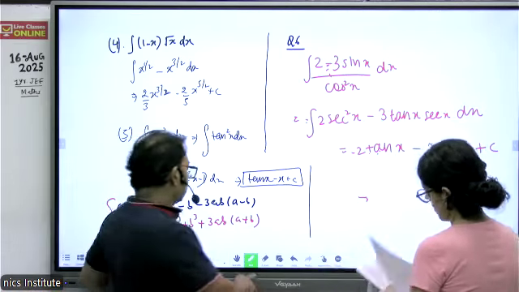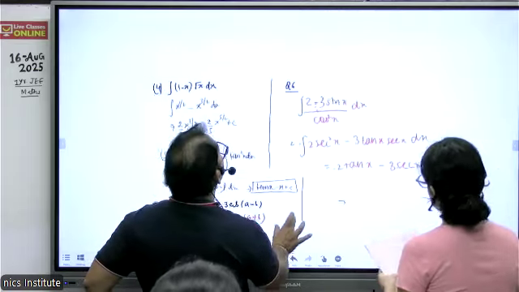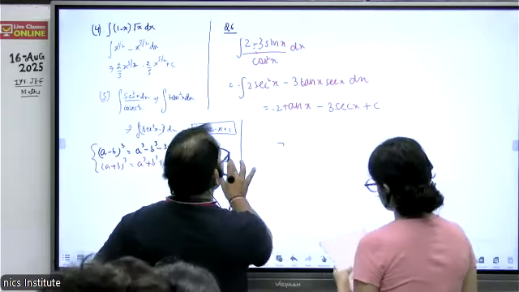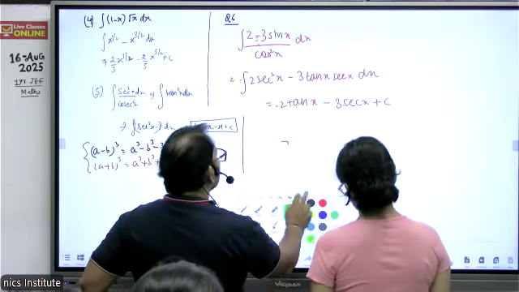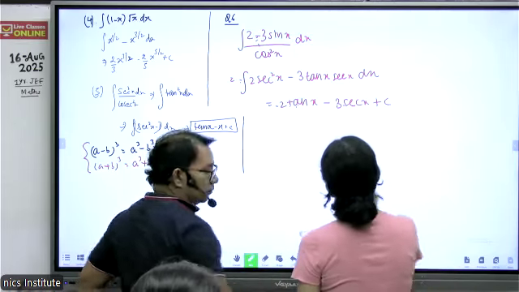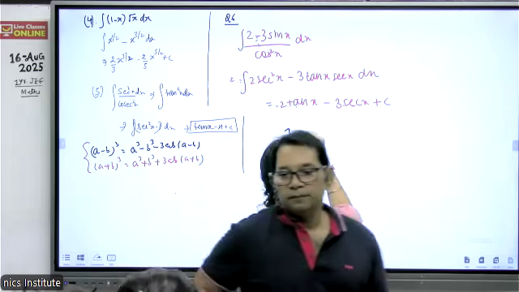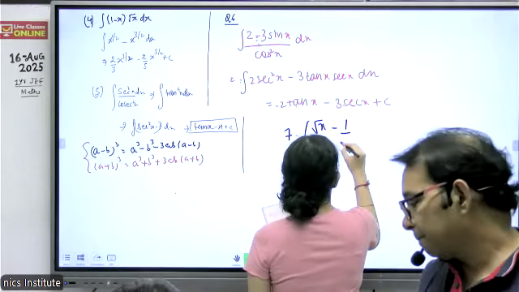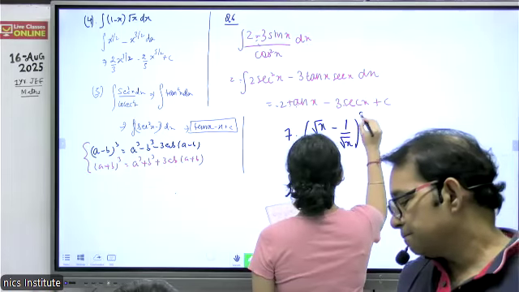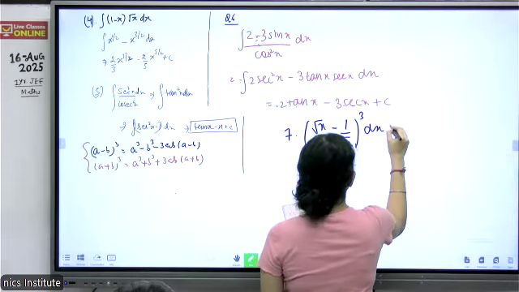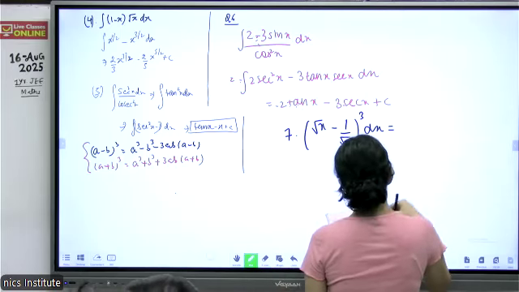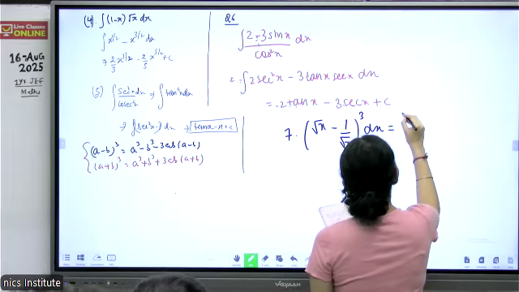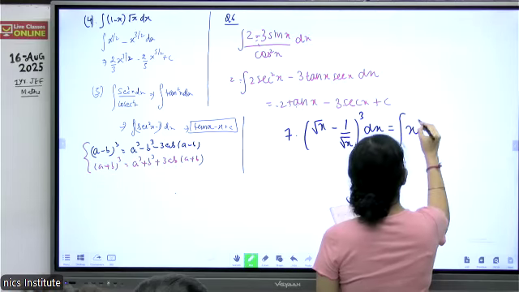Do 7 on the board. Multiply 3 by 2. This is x to the power minus 3 by 2.